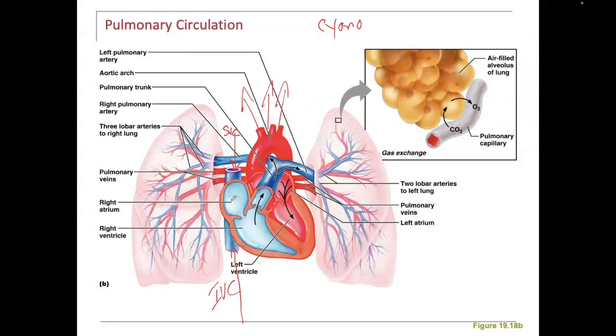Then eventually, when all the deoxygenated blood is here, it goes into the right ventricle, up into the pulmonary trunk, into the lungs, picks up oxygen, drives into the left side of the heart, and the left ventricle pumps it up into the arch of the aorta and pumps the oxygenated blood to all the systems of the body. So this right-hand side of the heart is called pulmonic circulation, and the left-hand side of the heart is called systemic circulation because it's going to pump it to all the systems.